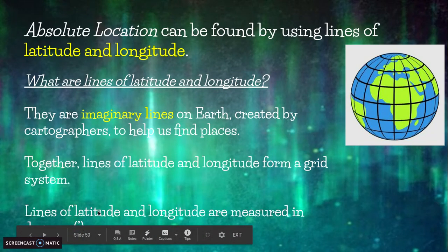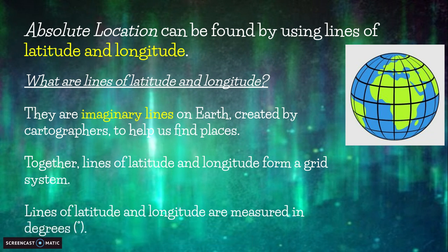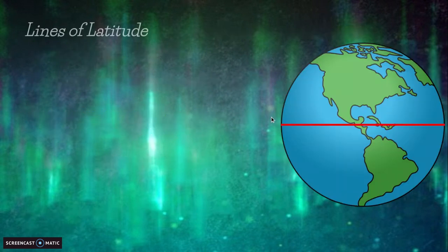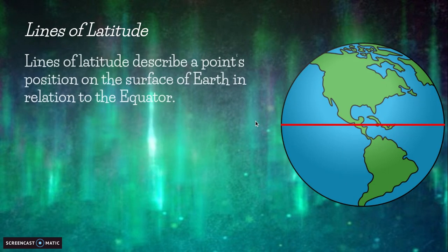And you see the symbol posted on the screen as well. So we are going to look at how to read latitude and longitude because it helps us locate the absolute location. So lines of latitude.